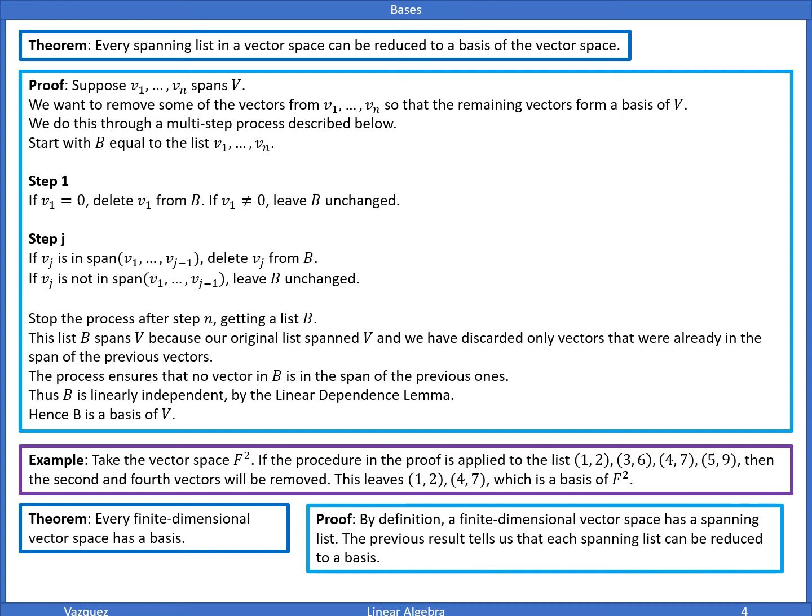And this next result, in some sense, is a dual of this theorem up here, right? Which said that every spanning list can be reduced to a basis. Well, now we're going to show that given any linearly independent list, we can adjoin some additional vectors so that the extended list is still linearly independent, but now also spans the space.